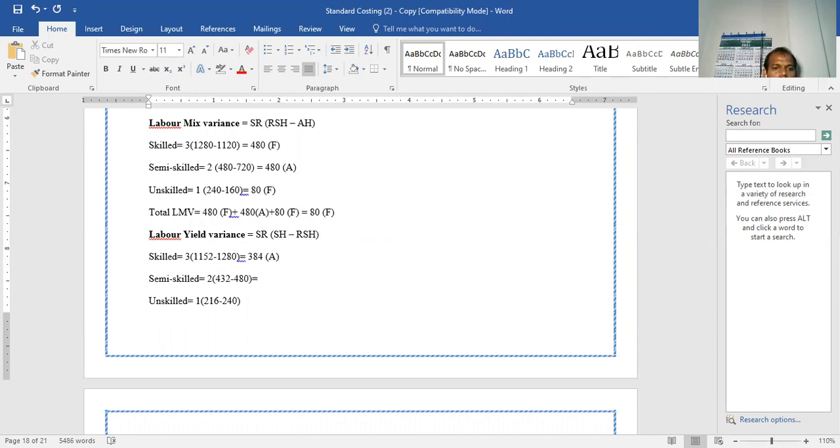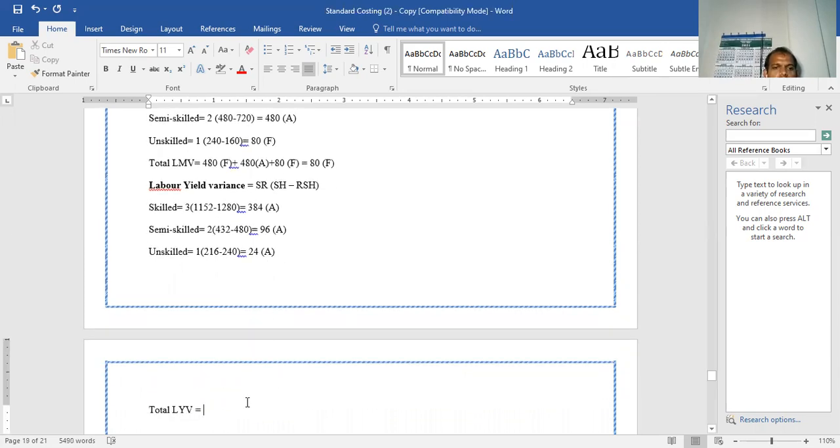Here also the minus value is high, so this one is also adverse, 96 adverse variance. Here also the minus value is high, means adverse variance, 24 adverse variance.